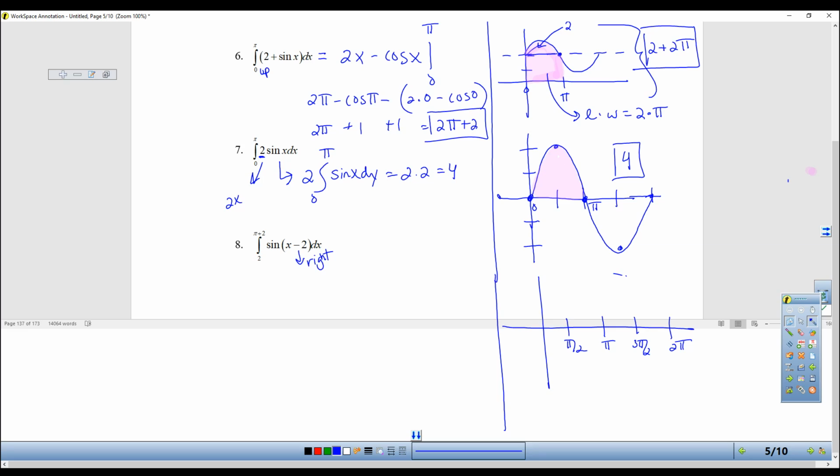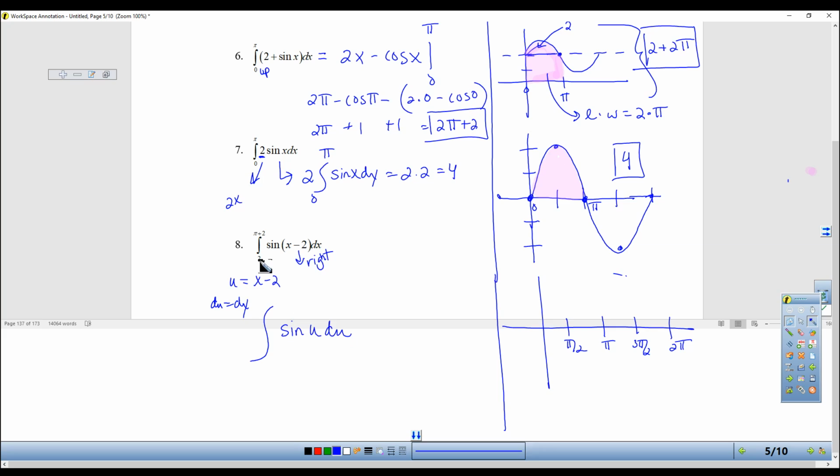So I'm going to show you something very cool. Notice that the limits of integration changed. I can't move this right. It's just not working for me. So I'm going to make a u substitution. u is x minus 2. And then my new integral, which by the way, du is just dx, so it didn't affect anything, is sine of u du.